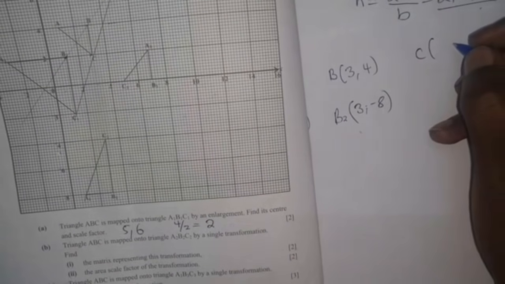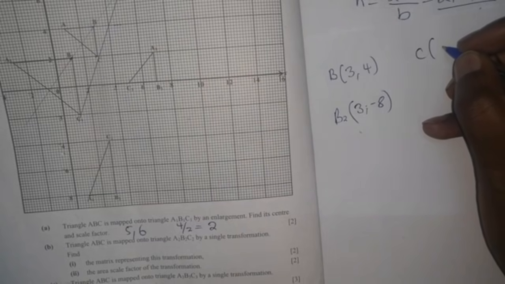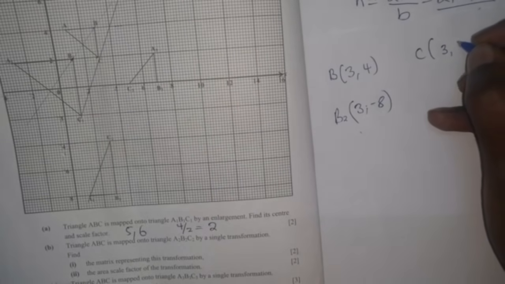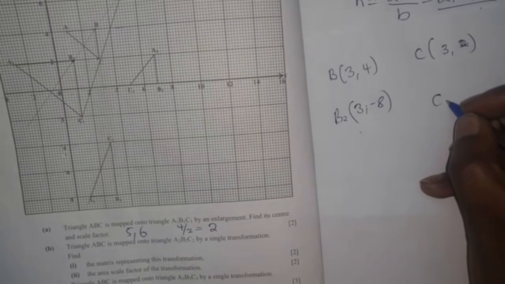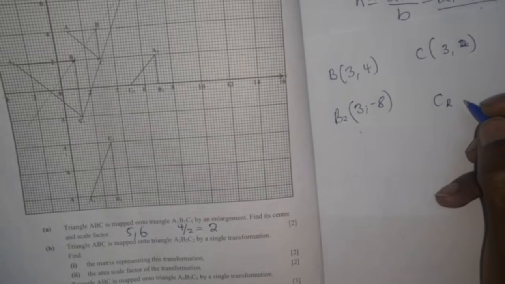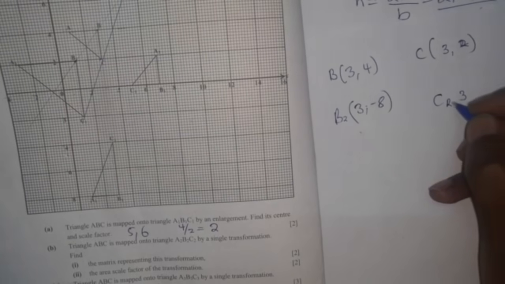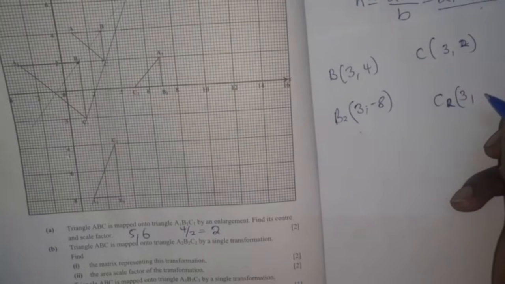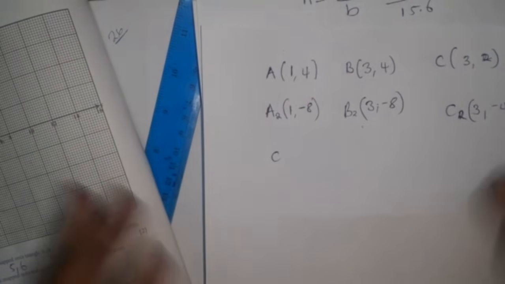C, the coordinates are 3, 2. Then C2, we have 3, -4.